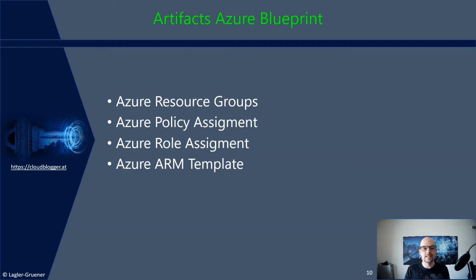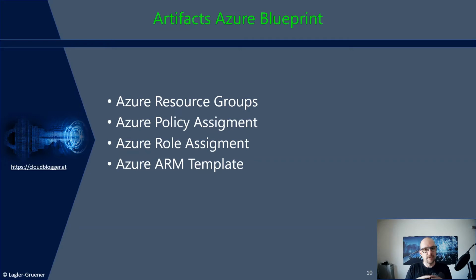Then you have the ability to assign existing policies to these resource groups. You also have the ability to assign roles to the blueprint, roles based on groups or users. And at the end, you have the ability to deploy new resources based on ARM templates.